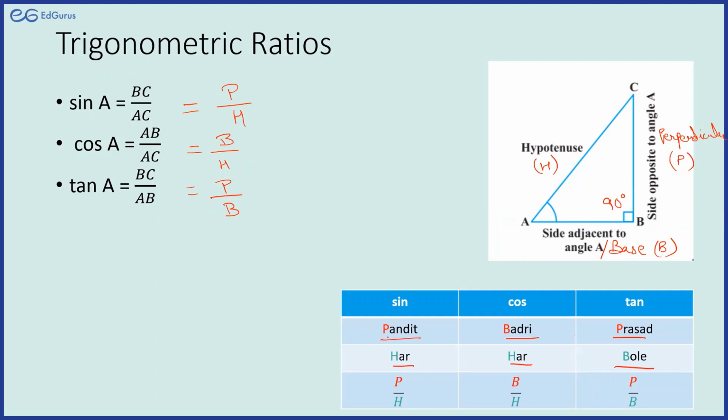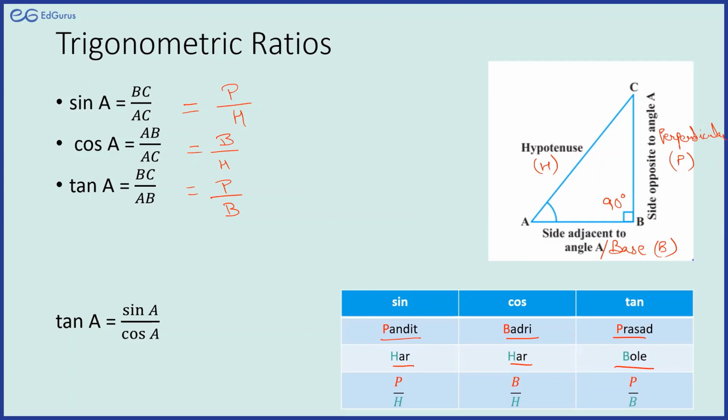And now the first letter gives you the first letter of the sides of the formula, right? So P upon H gives you sine, B upon H gives you cos, and P upon B gives you tan. So initially, while you're still practicing, whenever you are doing some questions, you can quickly make this table on the side, okay? And you'll not go wrong in formulae.